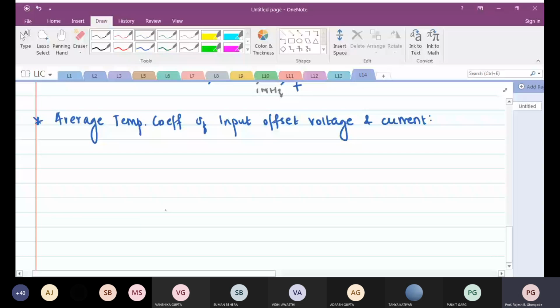Now this average temperature coefficient of the input offset voltage, what is it?